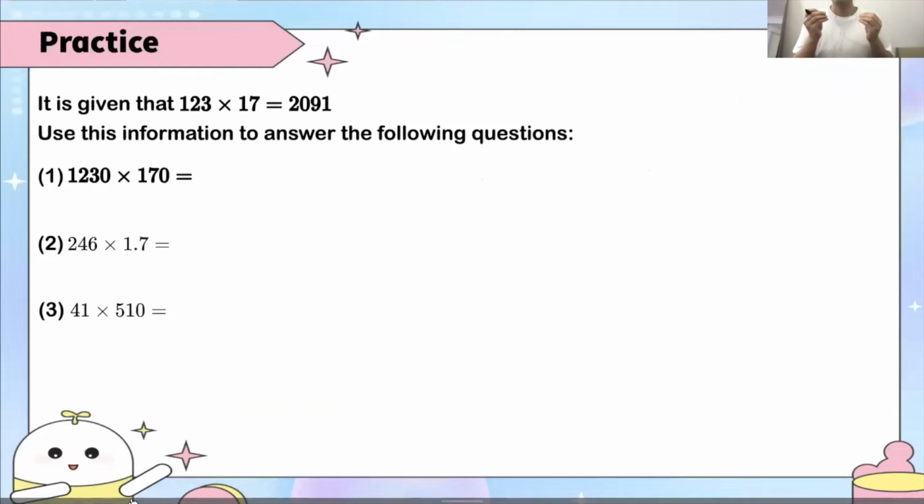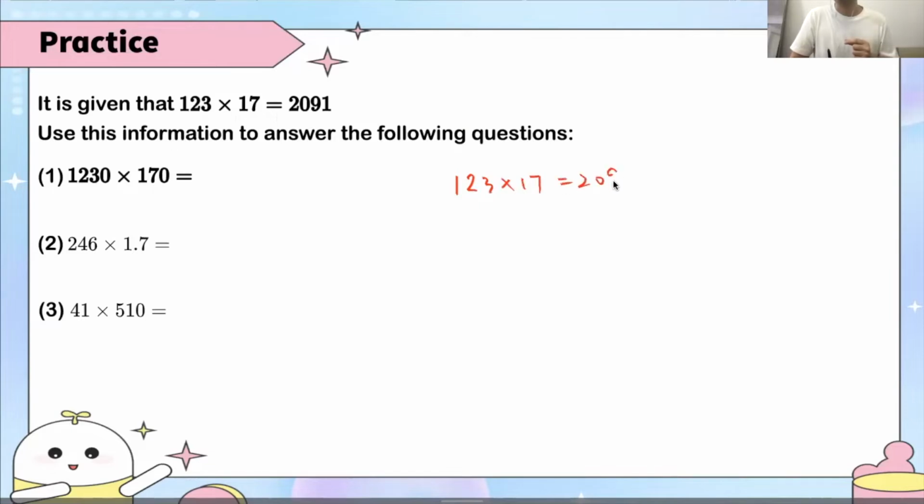So let's start to practice what we learned in multiplication. So 123 times 17, that is 2091. Okay, so 1230 times 170. How do we change 123 times 17?